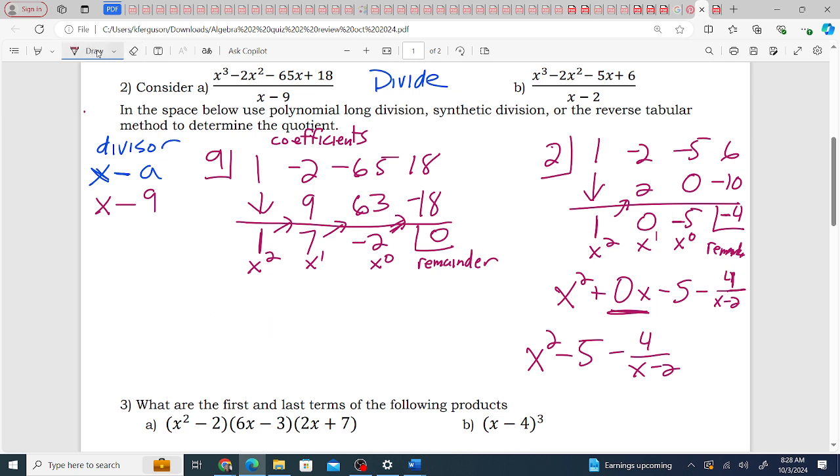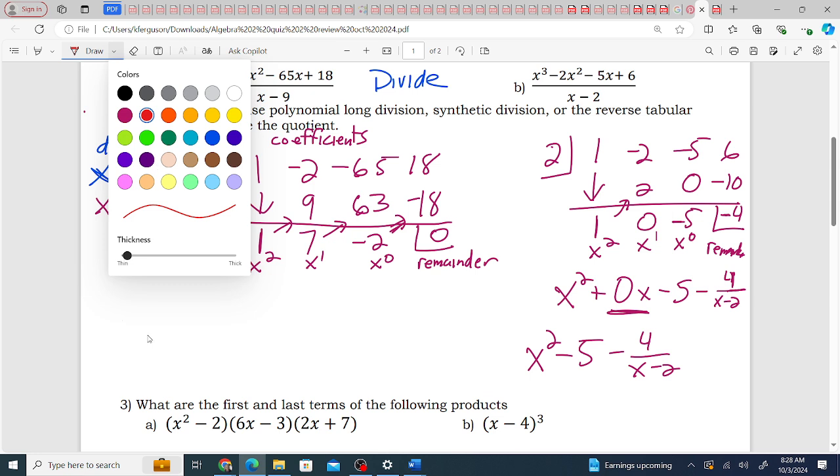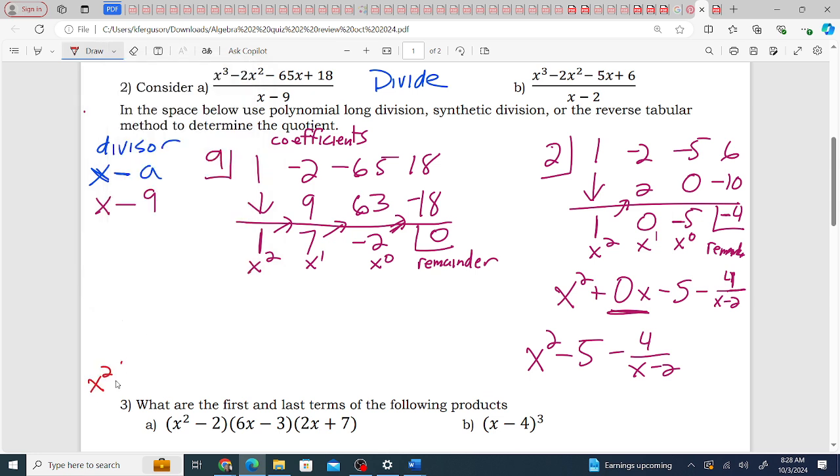But you know what? Before we do that, let's write this right now here. X squared plus 7x minus 2. So that's what we're shooting for, to see if we get that answer. So let's see.